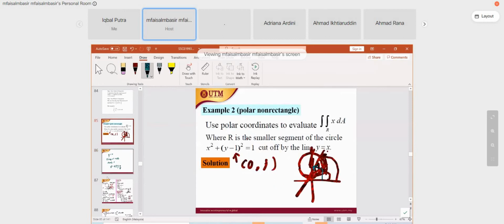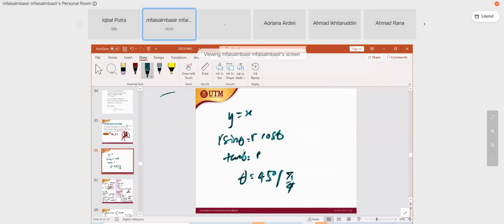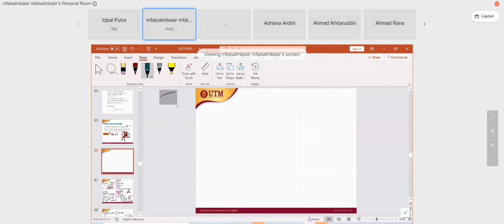Another one is you can use this. Okay. So if I remove this, I have x squared plus (y minus 1) squared equals 1.